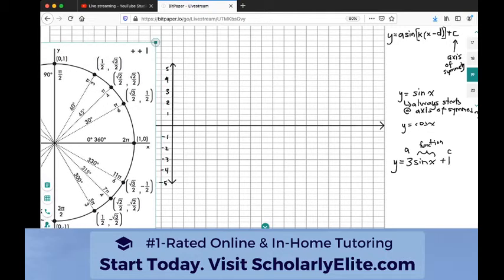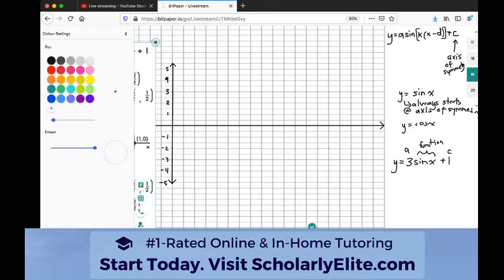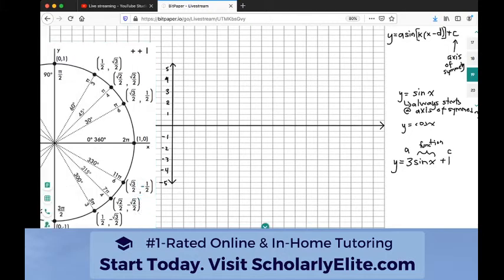Okay, so at the unit circle, if I'm trying to graph just the normal sine graph, I should also put my stuff in here. So this is 90, this is 180, this is 270.